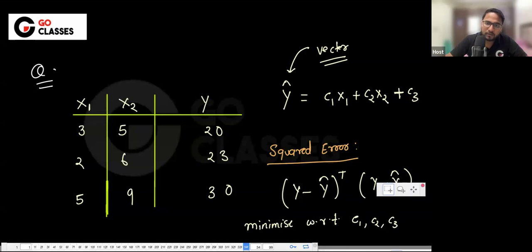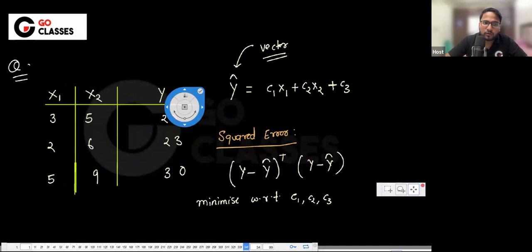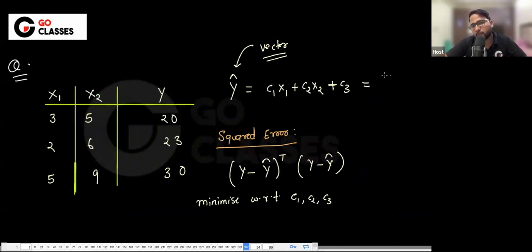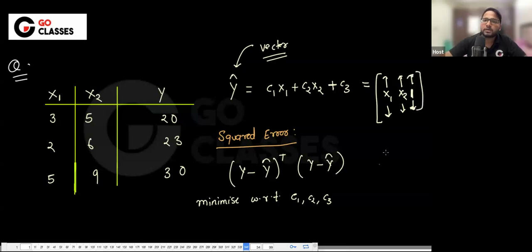If you want, you can write this y cap also in a different format. For example, your first column is x1, the whole column I'm saying x1, and the next column is x2. Let's suppose this column is just ones, all the ones are there in this column.